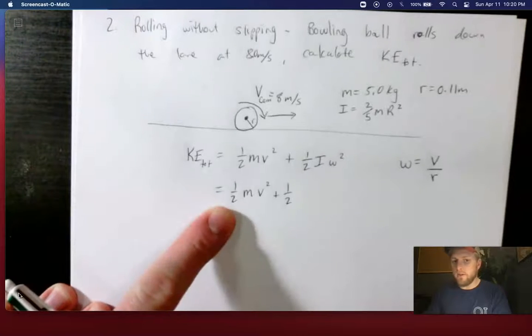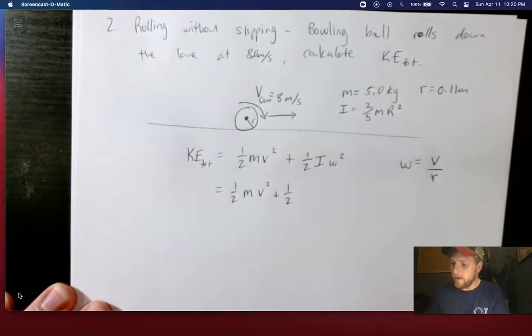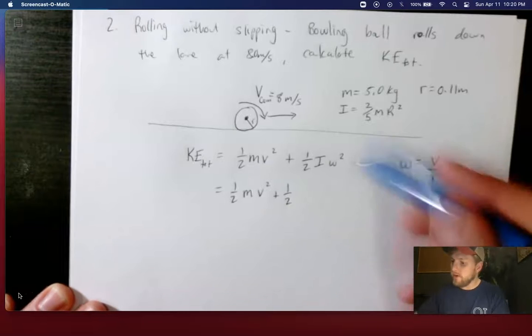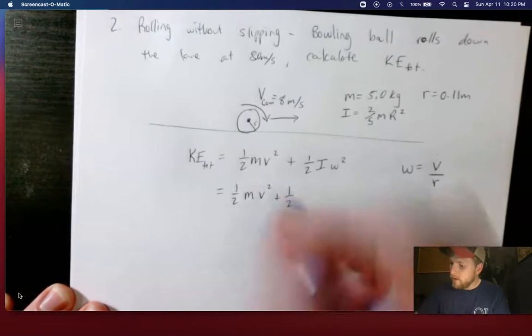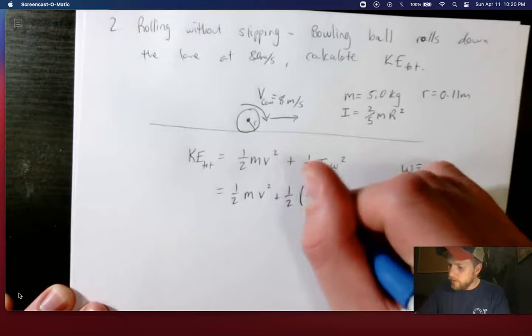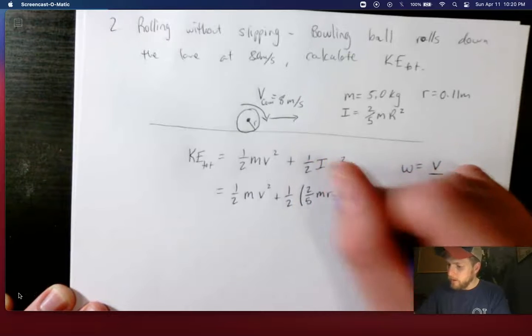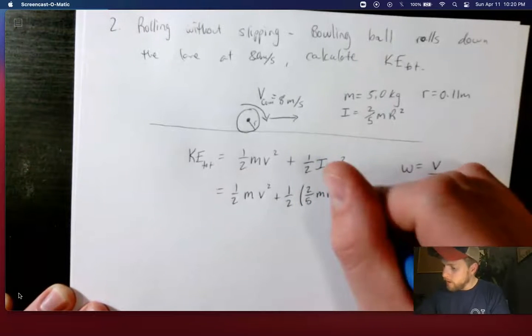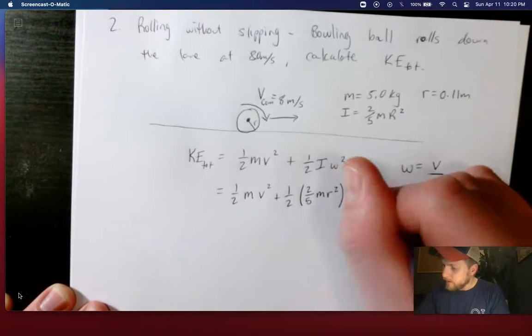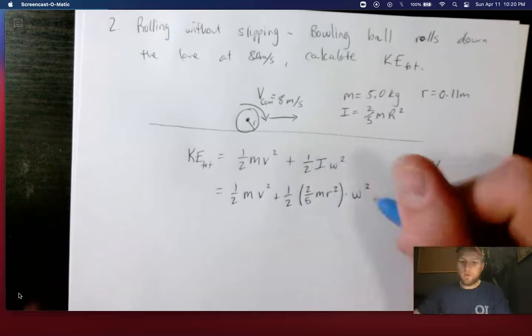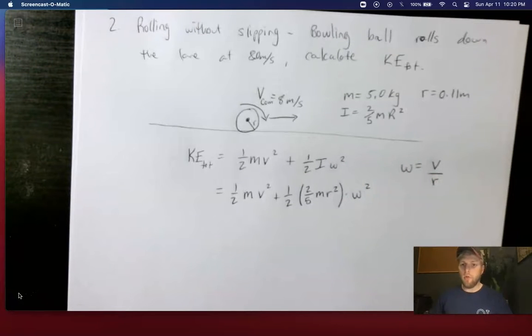So I'll just pull down the translational kinetic energy, and let's pop in our value for moment of inertia. Remember, because it is a uniformly dense sphere, we have 2/5 mr squared. We'll pop that in here, 2/5 m, little r since we're going to use little r in a moment, squared, times omega squared. Now, we can go one step further.